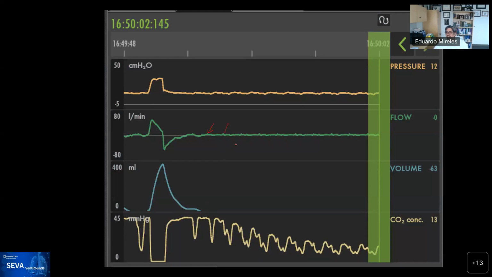It looks essentially flat. The pressure looks essentially flat. But when you look at the end-tidal CO2, you can see these massive oscillations that are occurring. And we did change the gain again on this, and you could not see them as well as you would expect. I mean, you can see a little bit of them.